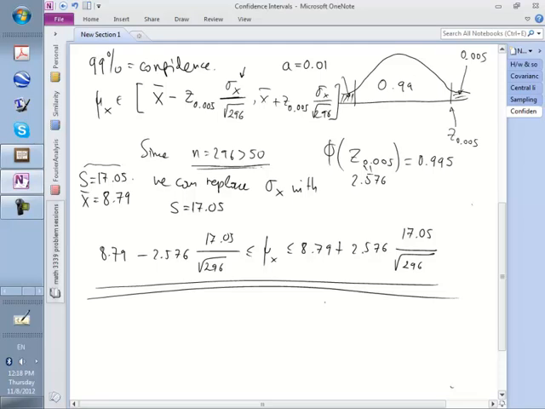Other authors say that when the sample size is greater than 30, you can replace the unknown standard deviation of the population with the sample standard deviation. I tend to stay on the safer side because when you do this replacement, you need a good sample size to allow you to see all the variability in the population. Otherwise, you will underestimate the sample standard deviation.